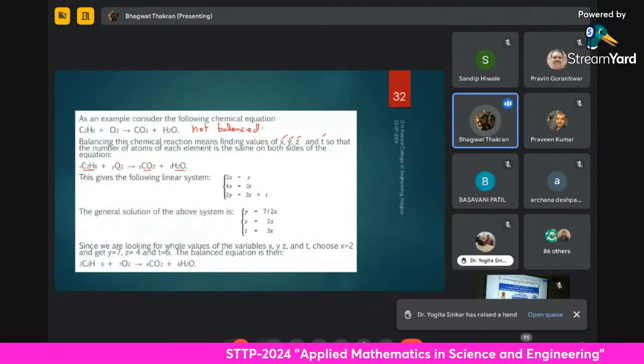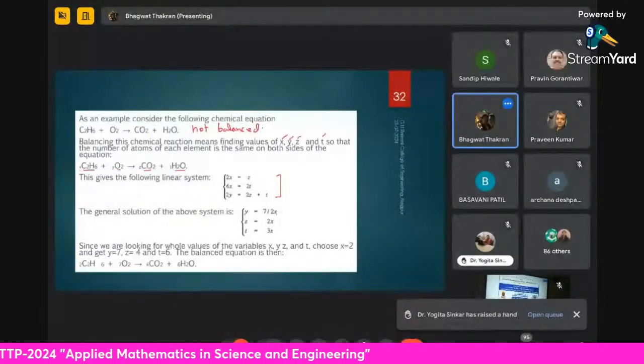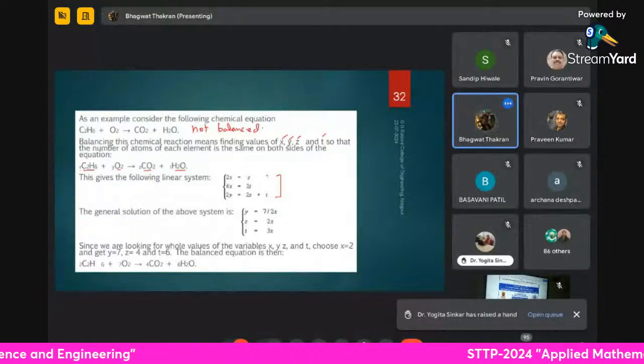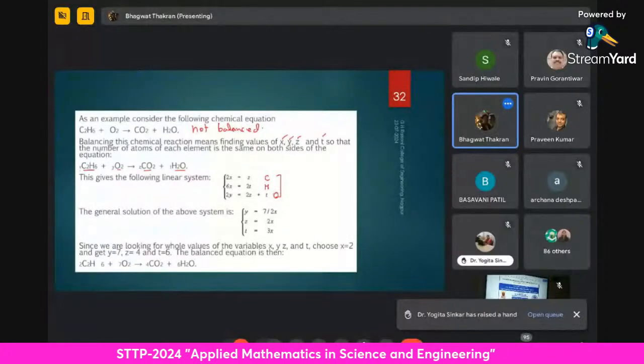It gives a system of equations for carbon, for hydrogen, and for oxygen.